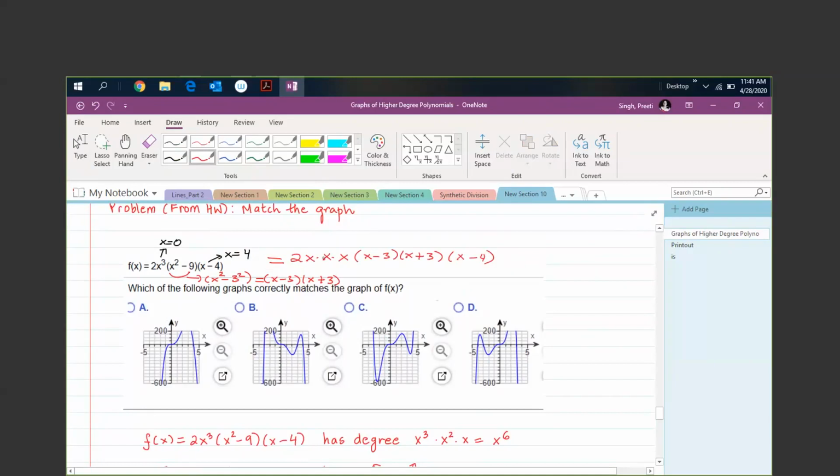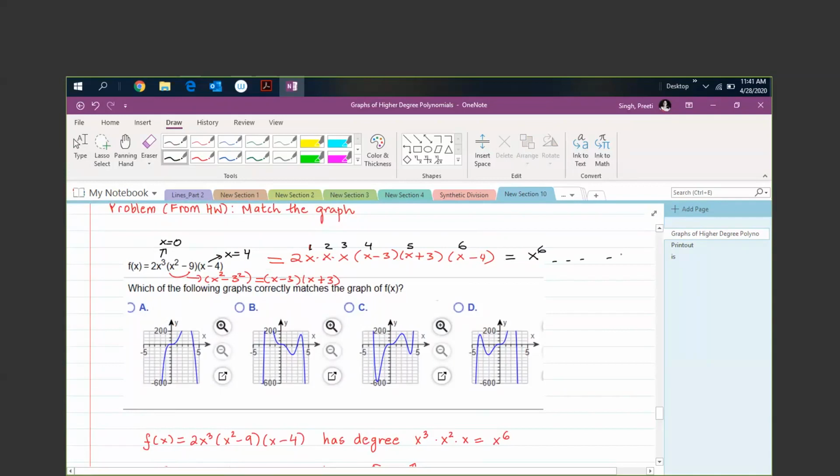Now, how many x's are there? If I start multiplying x's, there is 1, 2, 3, 4, 5, and 6. So if I multiply all the x's together, definitely my answer will have x to the 6th power and some other factors. But my leader will be x to the 6th.